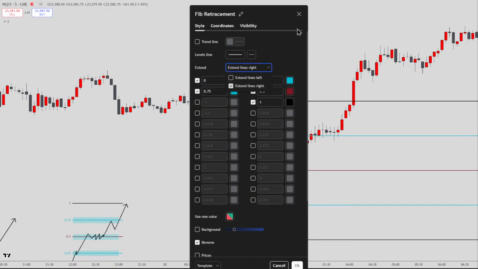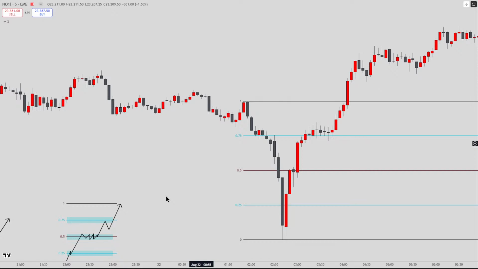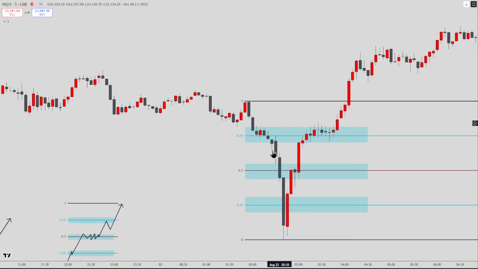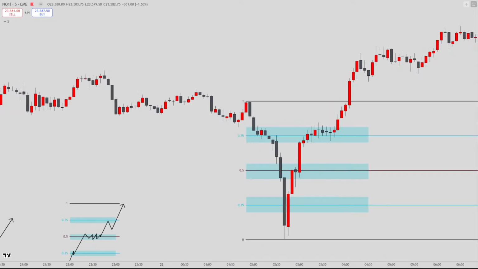Let's put this on, and you literally just draw some boxes. Simple, isn't it? Doesn't matter how big they are. It's not really prevalent. We're looking at the general area in these quadrants, and then we're looking for consolidation.